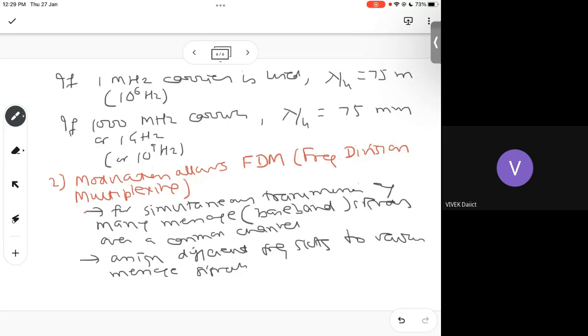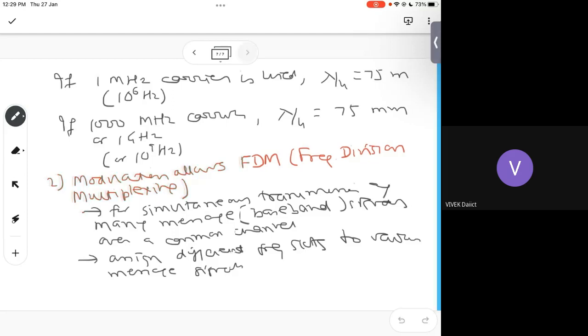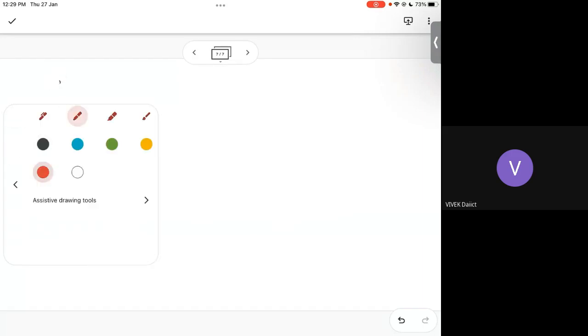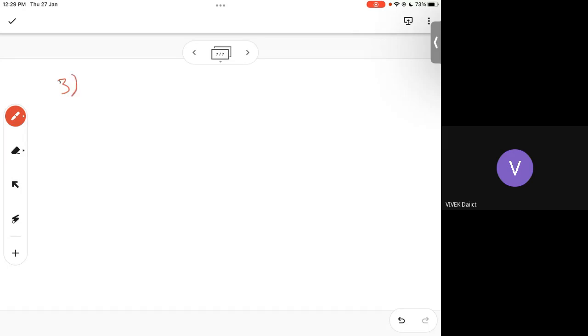The third advantage, which is also equally important, I put in red color. Obviously, as we have seen, now we can assign different frequencies to different signals. Interference and other things are minimized, because now they have different time slots, different frequency slots, and so on.